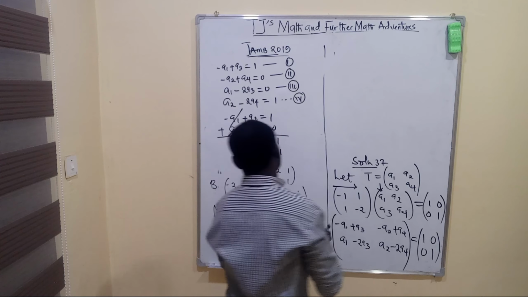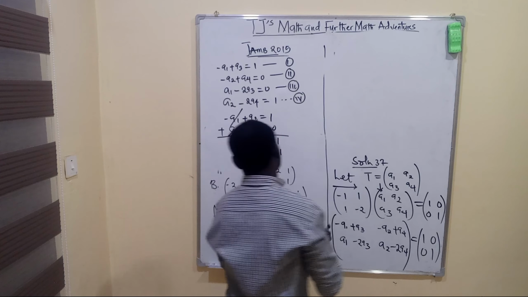So we know A1, we know A3. So we can as well solve equations 2 and 4 simultaneously. Equation 2, minus A2 plus A4 is equal to 0. Equation 4 now, A2 minus 2A4 is equal to 1. We can add these as well so that we can eliminate A2.